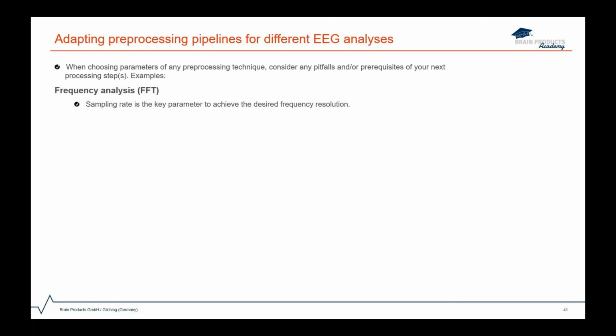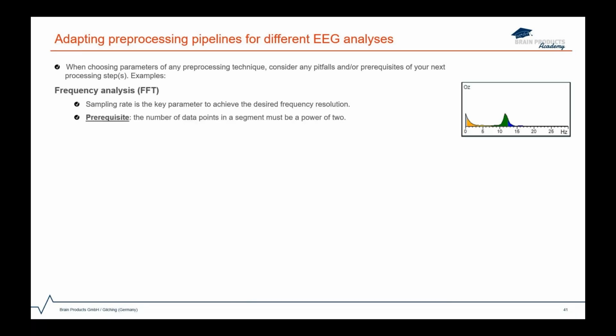For example, the fast Fourier transform operates optimally if the sampling rate is a power of 2. So if we don't have a power of 2, we can downsample, for example, from 1000 to 512 or 256 Hertz.